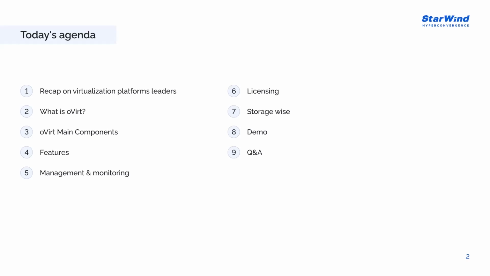Now, since oVirt is quite an interesting topic and maybe not the most popular virtualization solution, we're going to also discuss what oVirt is and its main components, and then we will have an actual comparison of the features, management and monitoring, licensing, and storage for vSphere and oVirt. And then we're going to have a short demo and, traditionally, at the end, a short Q&A session where you will be able to ask your questions and hopefully we can answer them.